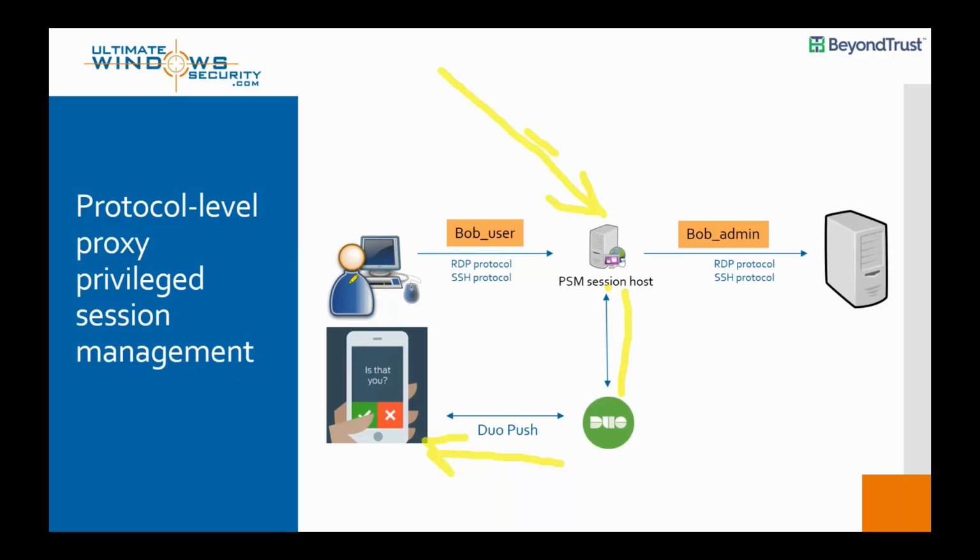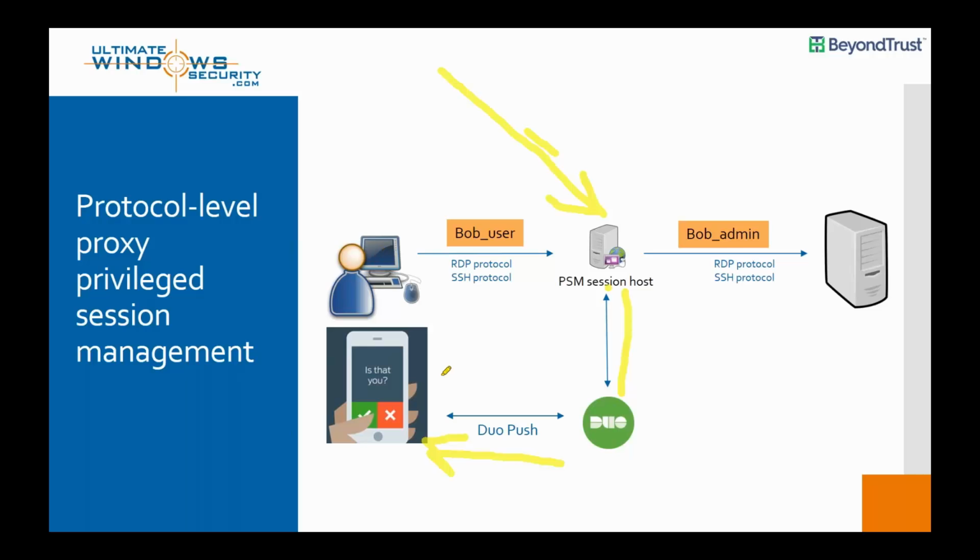So when Bob is doing this legitimately, Bob RDPs or secure shells to the PSM host, and if we have automatic approvals in place, then it's just going to happen. But he's going to get a prompt on his phone through Duo Security saying, is that really you?